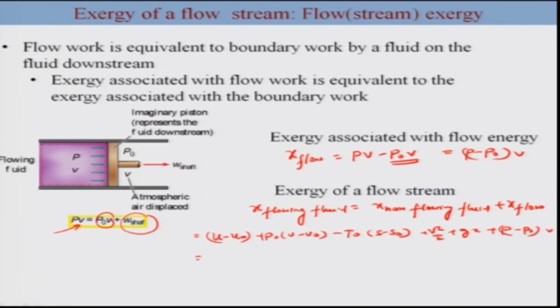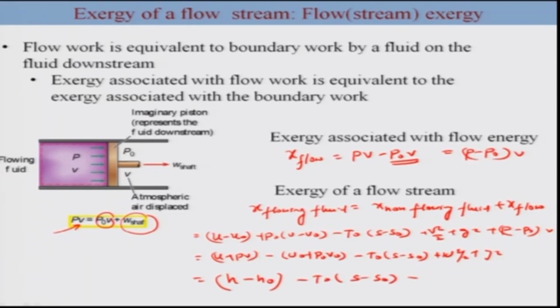You can rearrange this in terms of U plus PV minus U0 plus P0V0 minus T0 (S minus S0), and this can be written in terms of enthalpy as H minus H0 minus T0 (S minus S0) plus kinetic energy plus potential energy.